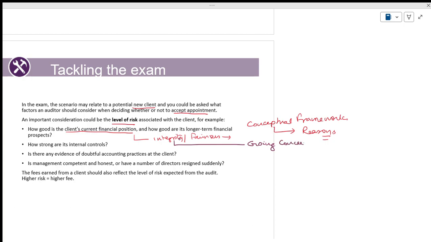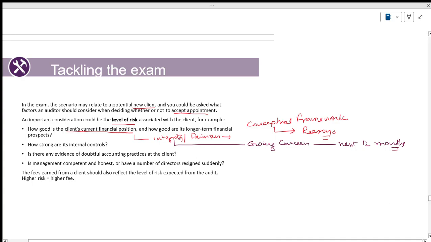The auditor always has to state in the audit report whether it is a going concern or not. Going concern means the firm has a good financial position to work for the next 12 months.